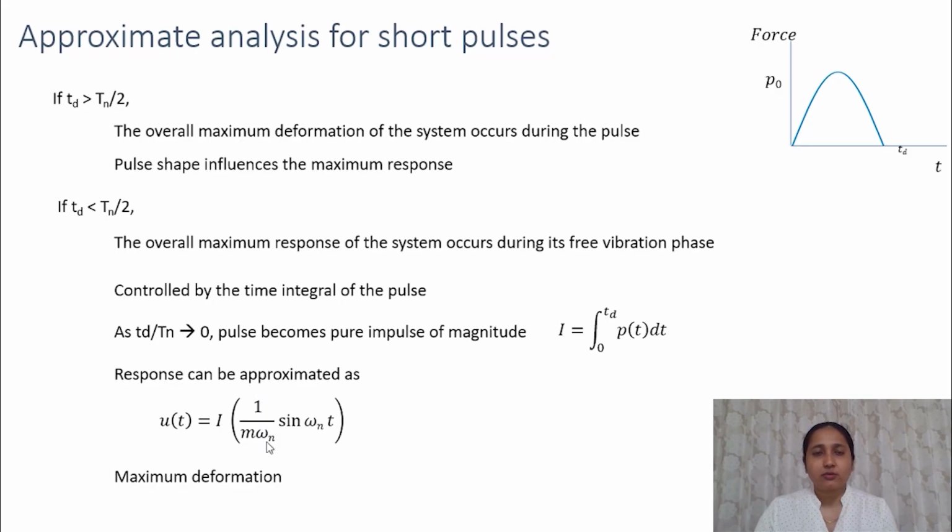We derived the unit impulse function in the previous lectures. So the response due to this short pulse can be approximated as the unit impulse function times the area of the pulse. And the maximum deformation can be calculated as I by k times 2 pi by Tn, or I by m omega n.